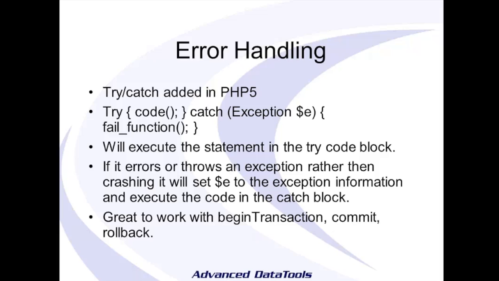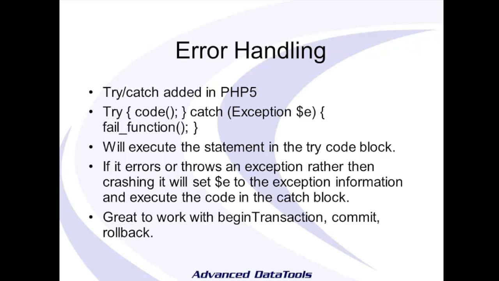If one of them fails for whatever reason, whether it's a lock problem, a constraint issue, or a SQL error, it'll fail, jump down to the catch section, drop me an email or whatever I want to do in the catch to log out an error, and then call a rollback.